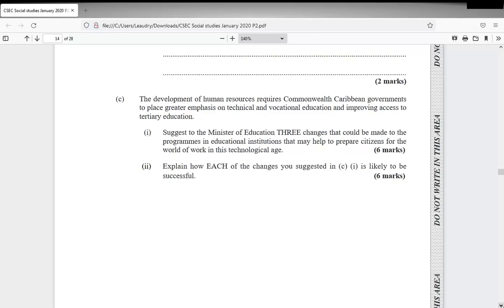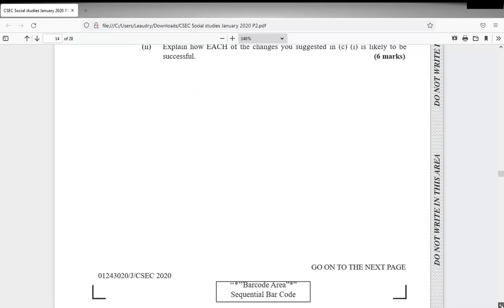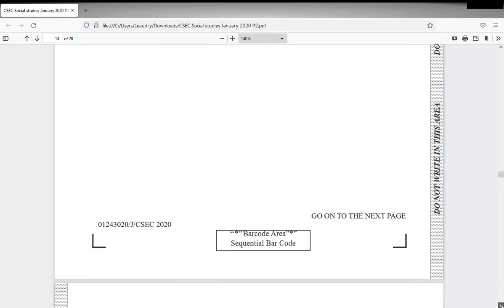And so it will boost the economy of the country. So those are three changes that, if the government allows these programs in the educational institutions, we know it will be a success, so that more and more people can be prepared for the world of work.